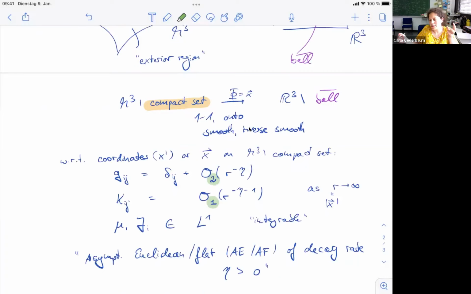It could of course also be asymptotically Euclidean of a different, for example smaller, decay rate. So this is the definition, and we will see later why this integrability condition is there, and also a little bit what this decay rate eta really means.